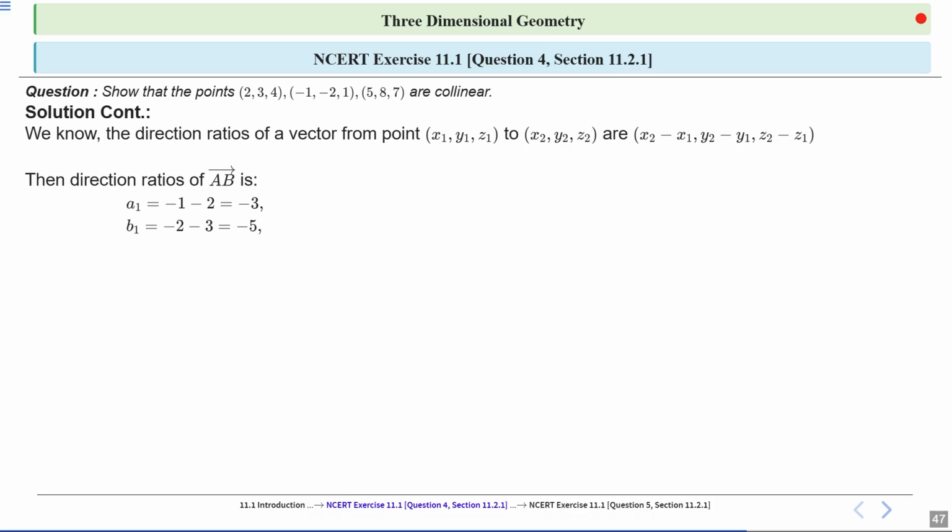This means the difference in the y coordinates is -5. Finally, the z component c1 equals 1 - 4 equals -3. So the difference in the z coordinates is -3. Putting these together, the direction ratios of the vector AB are -3, -5, -3.